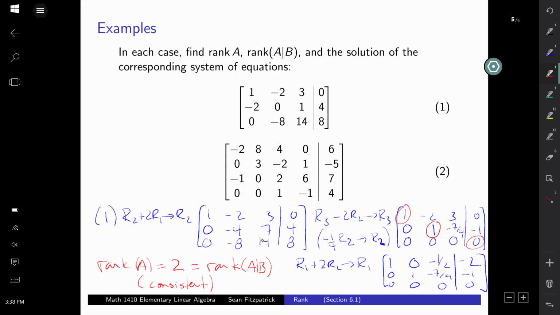So if we label these, let's say these are x, y, z. Let's say those are my variables. Well, now I can tell you what the solution is in this case. With this row, it says x minus 1/2 z equals minus 2.